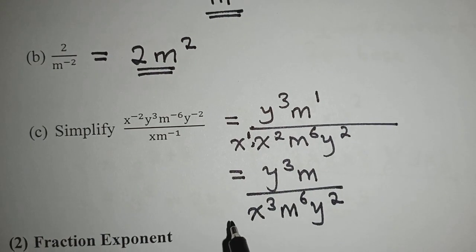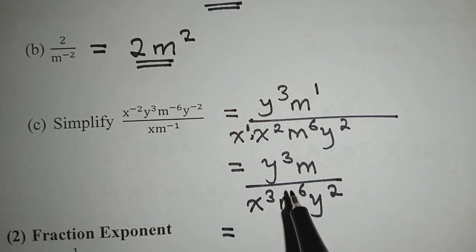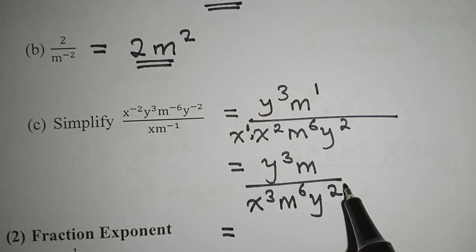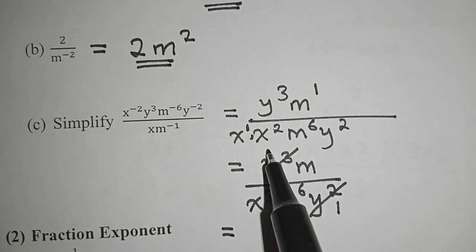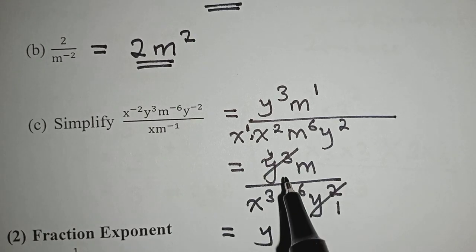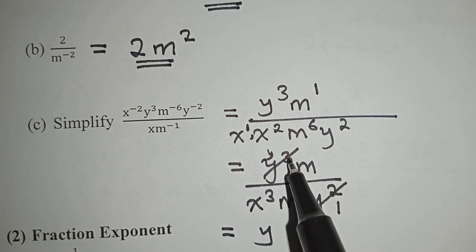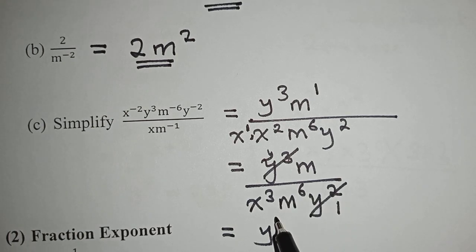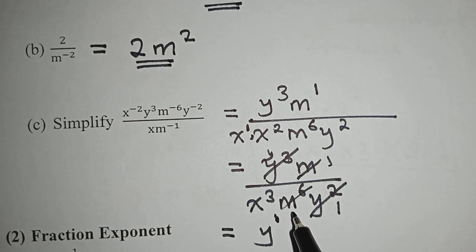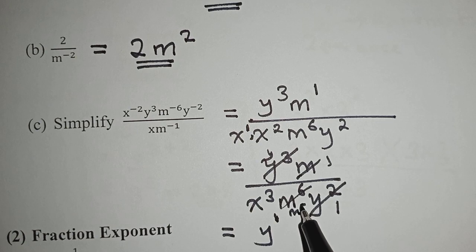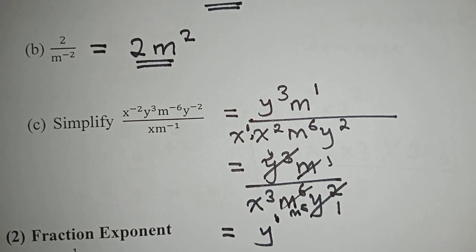So now here, it's a matter of applying the division law. So this and this will cancel. Here it's 1, here we have y, okay? It shall just be y, because there is a power here, which is a 3, 3 minus 2, it's power 1. So it shall remain with y power 1. For m, this m power 1 into m power 6 is m power 5.